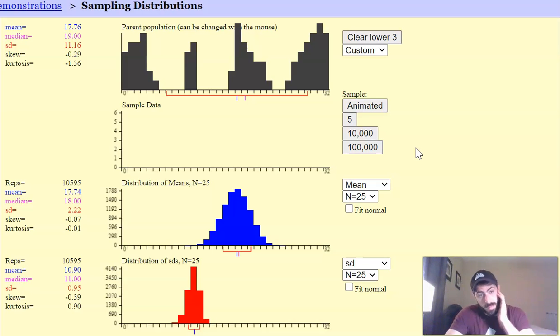Some of them work better than others. Mean and proportion and standard deviation are the three that we use. Median sometimes works. Range doesn't really work, but you get the idea. So let's say I want to find the mean for a population that I know is not going to be normally distributed. Well, if I find the mean from a random sample, that may not be a good prediction.